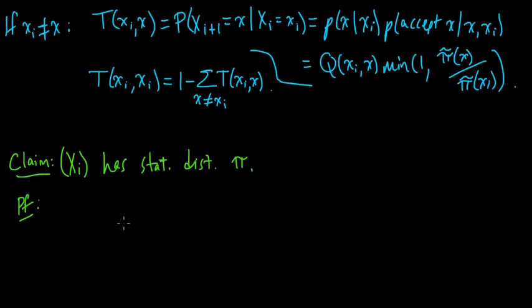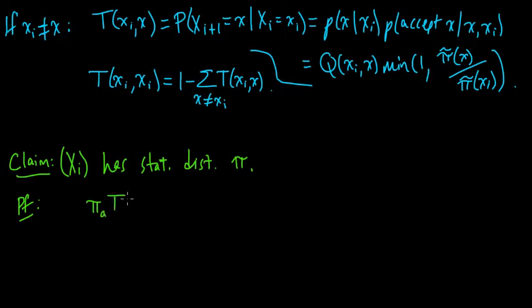So since we know from the video on detailed balance that if pi satisfies detailed balance with respect to this transition matrix T, then in fact any Markov chain with this transition matrix has stationary distribution pi. And so it's enough for us to check that pi satisfies detailed balance with respect to T. So what does that mean?